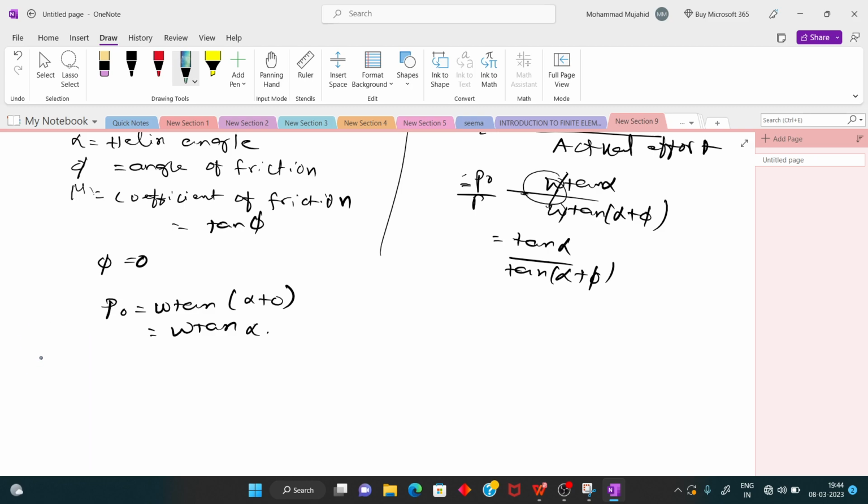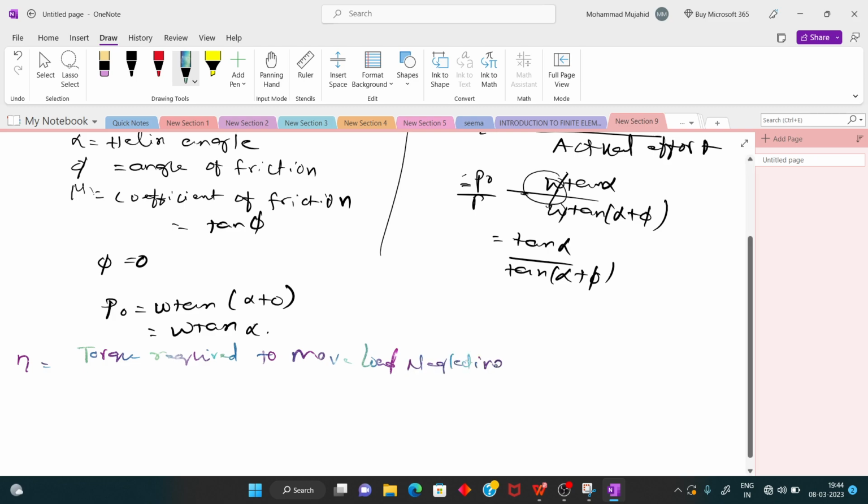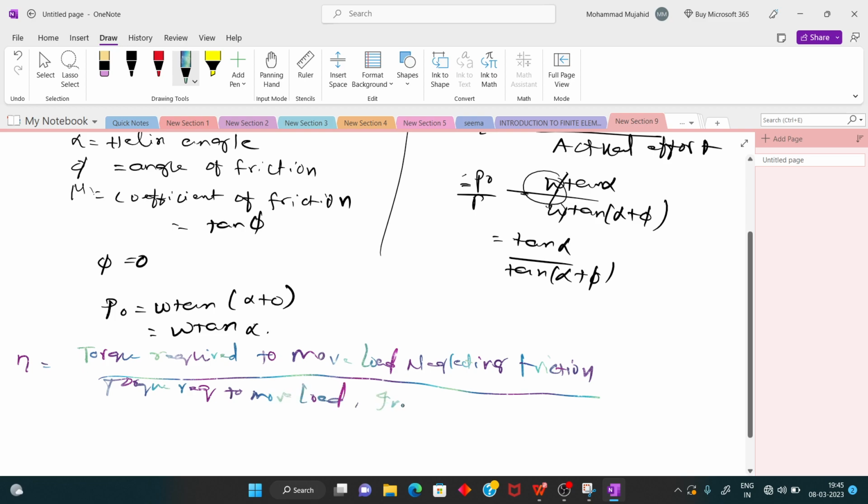Then efficiency will be equal to the torque required to move the load, neglecting friction, to the torque required to move the load, including screw and collar friction.